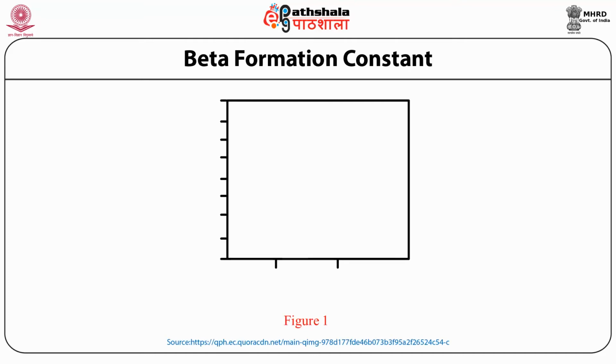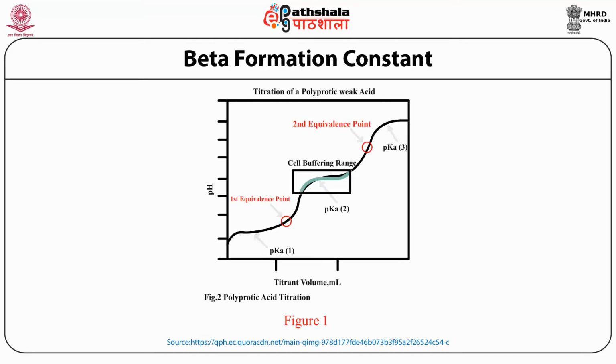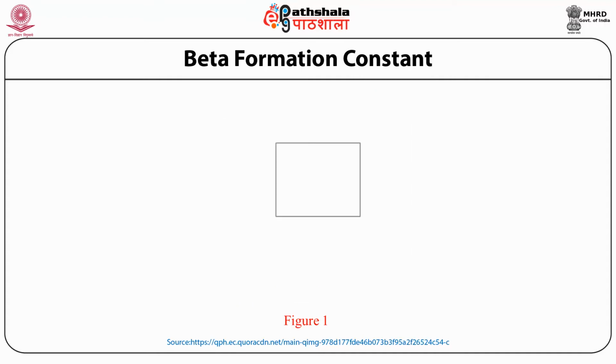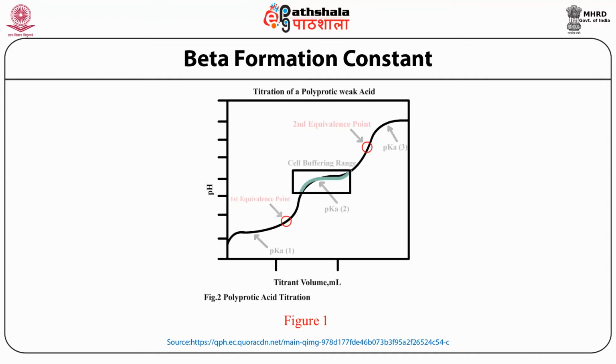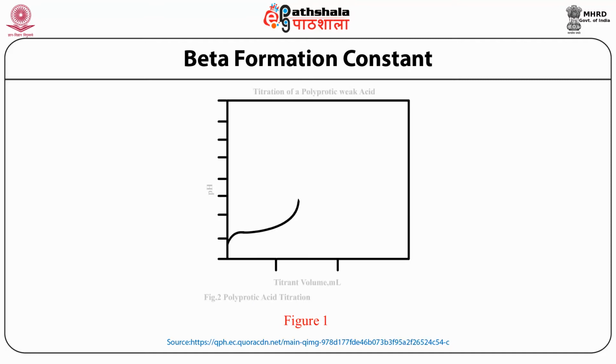Figure 1 shows titration of a polyprotic weak acid, where dissociation takes place at three points: pKa1, pKa2 and pKa3. Here pH versus titrant volume is plotted.